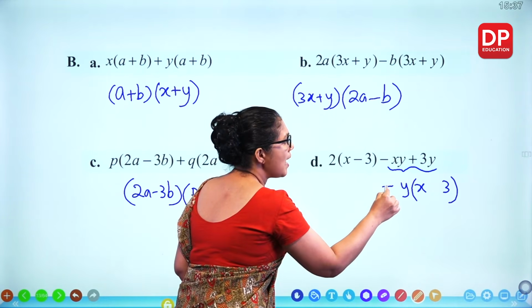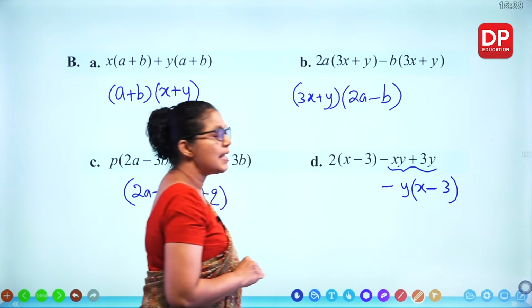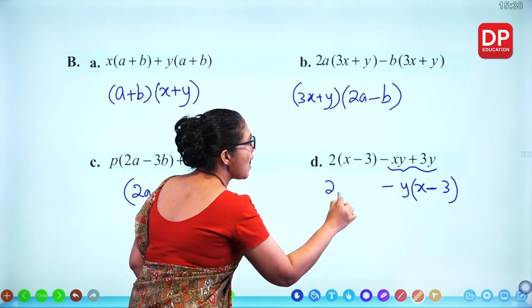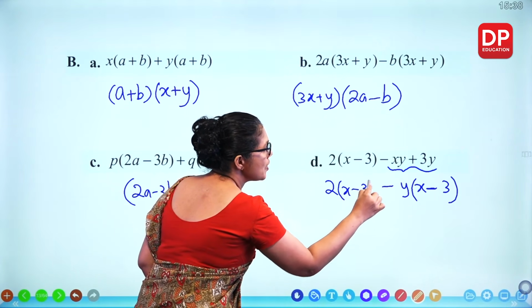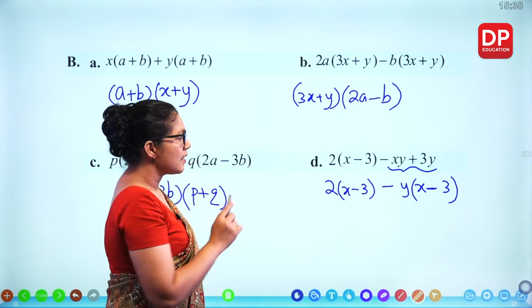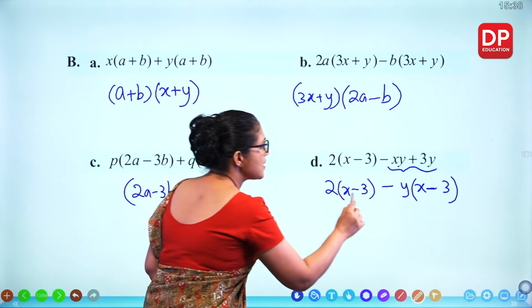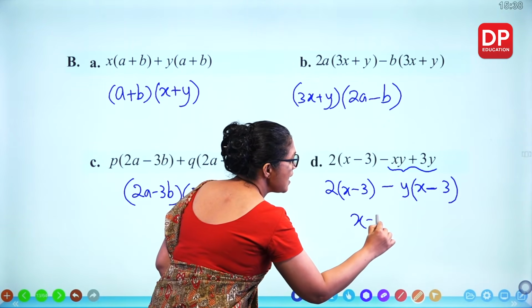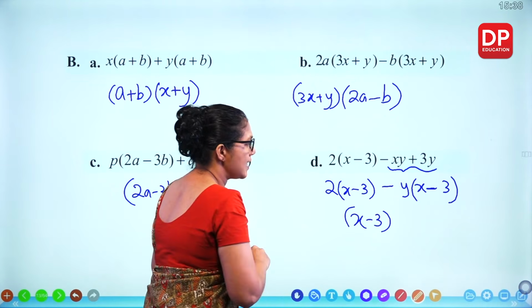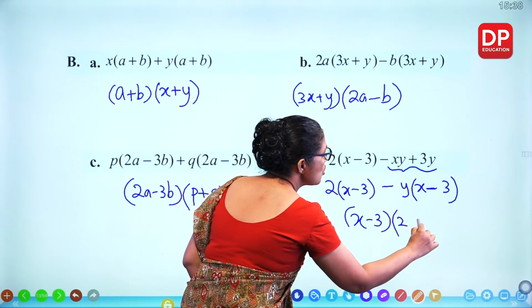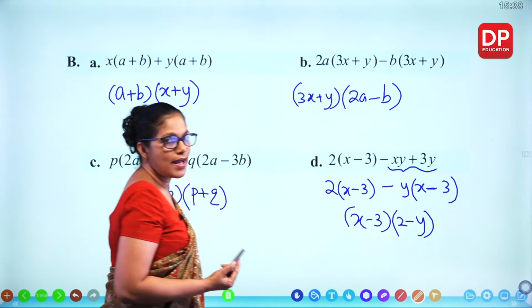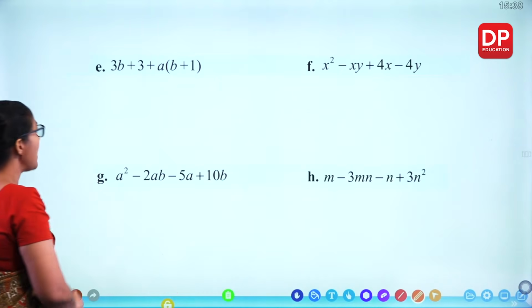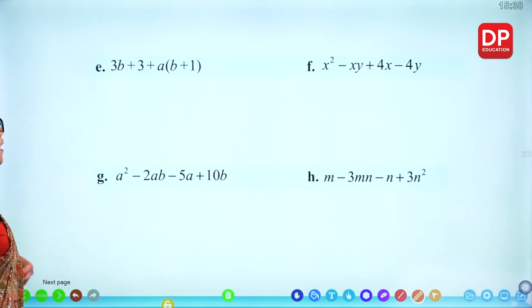I have taken minus out, so this should be minus. Now I can write the whole expression like this. Now see what are the common factors. Here I can see x minus 3 is common. Take it out. What's remaining? 2 minus y.